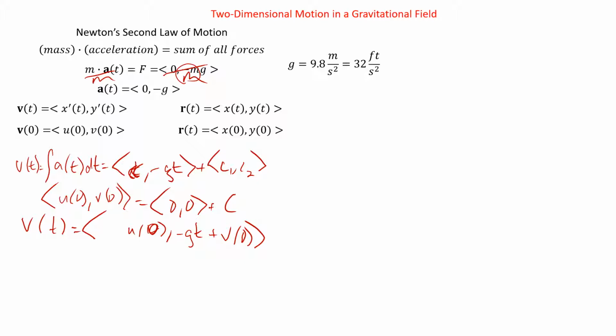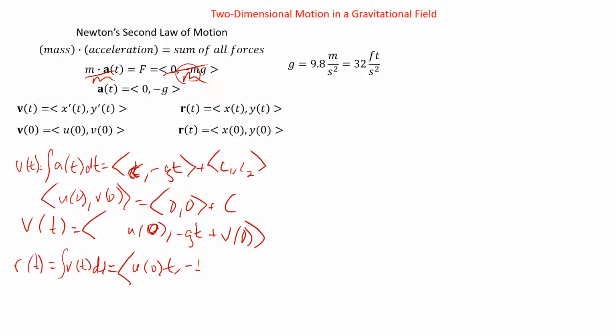And then we could take the antiderivative of that to get the position. r of t will equal the antiderivative of v of t dt, which now we have a constant, u of 0. So we'll have u of 0 times t, comma, the negative g of t, the t becomes t squared, divided by the new exponent.